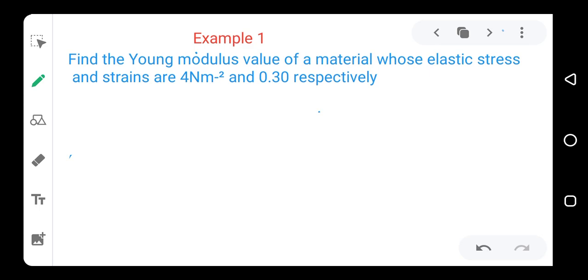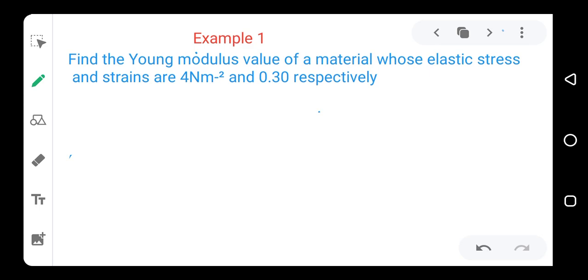Please note that the unit of stress is Newton per meter squared because the unit of force is Newton and the unit of area is meter squared. If you use dimensional principle, you'll be able to derive the unit. Now for strain, we are considering length over length.